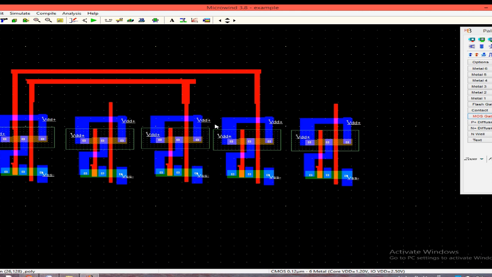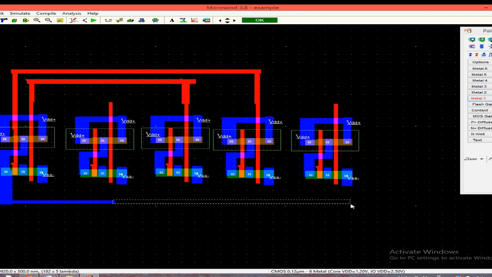whenever we want to make the proper structure, to align it likewise, I will take a metal gate over here, and up to a certain width I will take likewise. Take the metal gate over here.